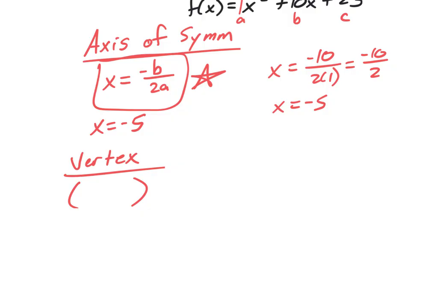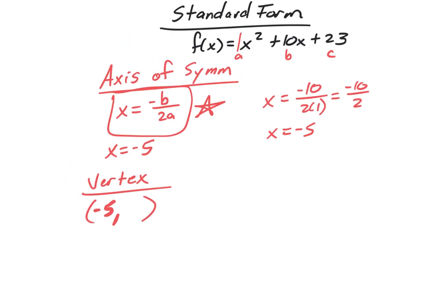So I already know the x value of the vertex. And if I had to come up with the y value, then we have two options, okay? I could plug it into the equation right here and get the y value, or I could even use my calculator.